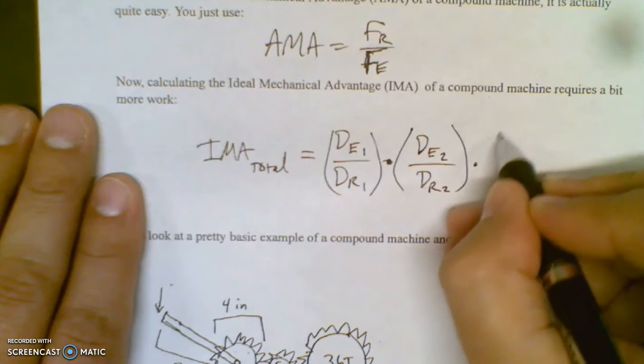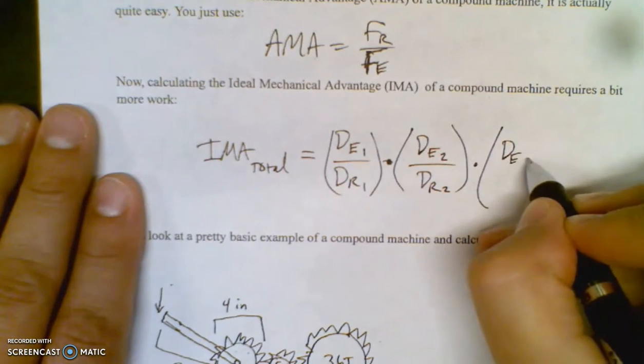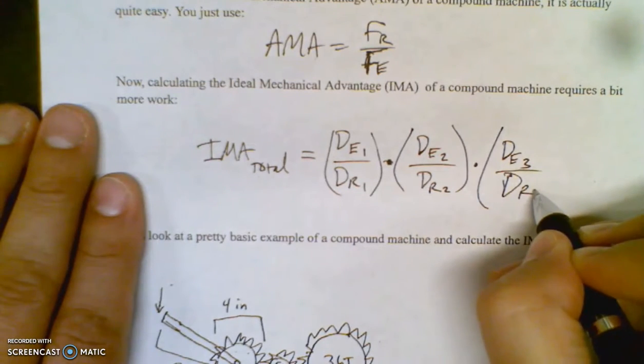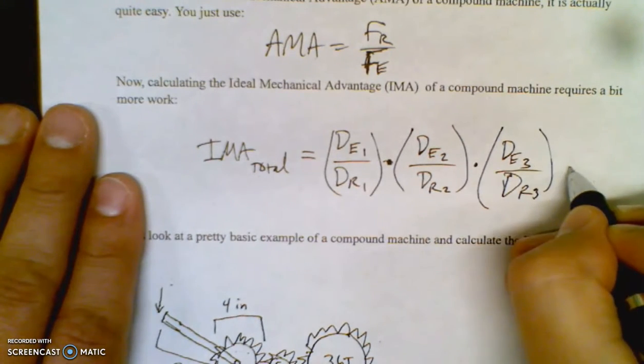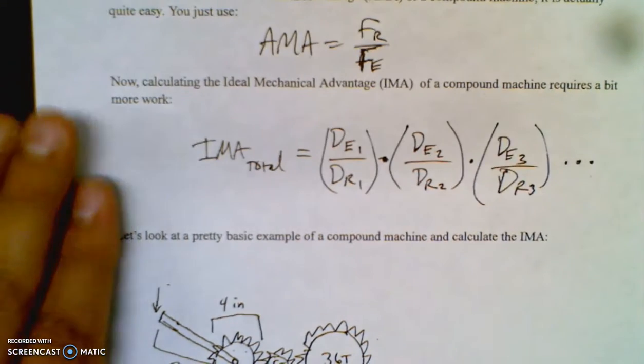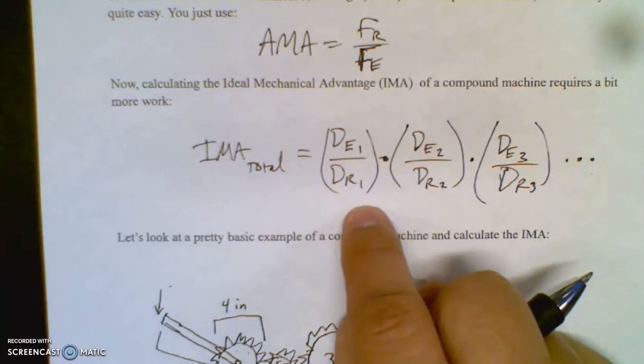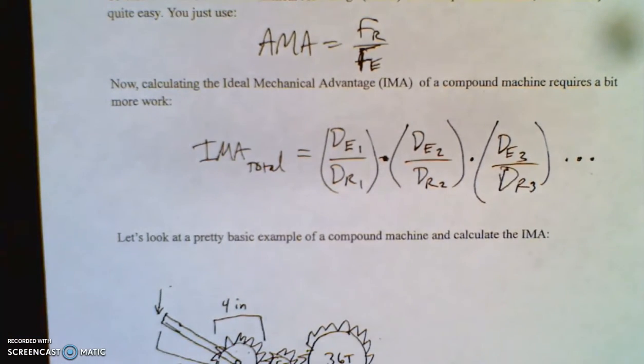And then you keep that going, as many machines as you have, until you're done. However many machines you have is how many DE over DRs you have to multiply together.